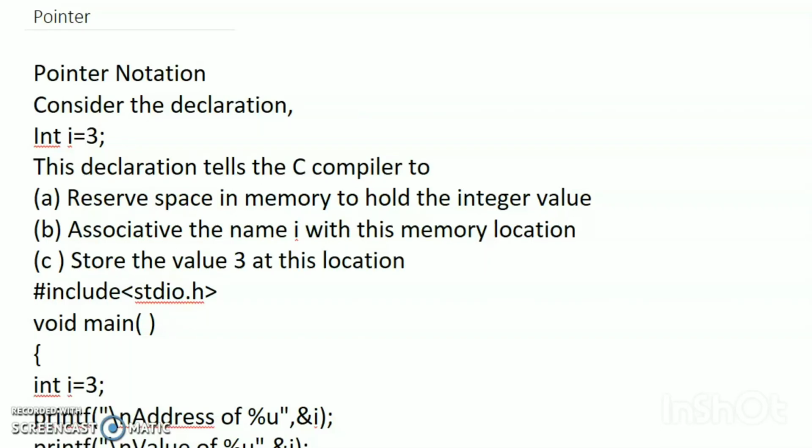Today's discussion is pointers. I have already discussed different types of functions, and now you have to know call by value and call by reference. We have also learned that variables are stored somewhere in memory.